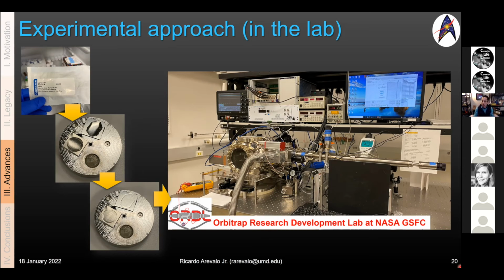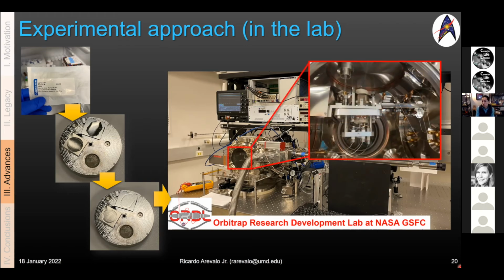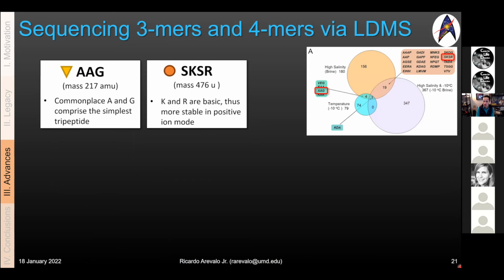We kept it to the simplest matrix possible because I didn't want to worry about any matrix effects. We dried them down and we interfaced them to our instrument, that intermediate fidelity breadboard instrument at NASA Goddard Space Flight Center. And we wanted to see if we could detect it. And so I'm going to give you one slide here because this is so new, but it's exciting enough. I want to share it.